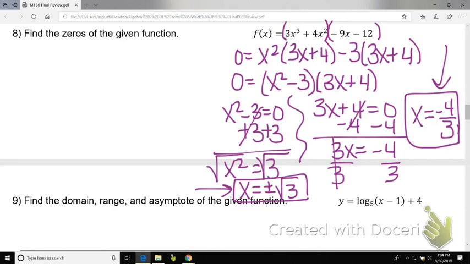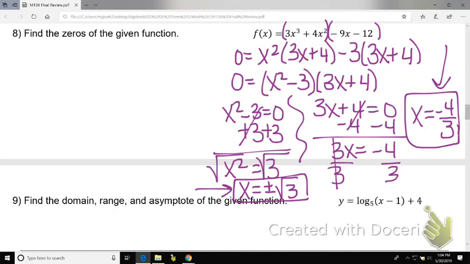Okay, I had done problem number 9 already, so we're going to do 10, 11, and 12 on the next page. Number 10 are those vertical, horizontal. When it says slant asymptote, that is the same thing as oblique.